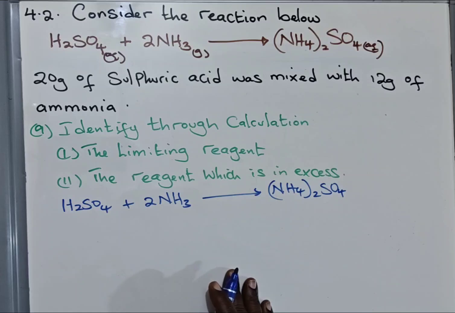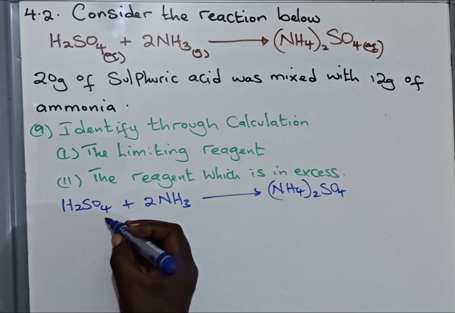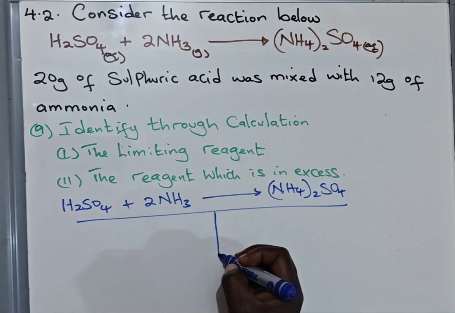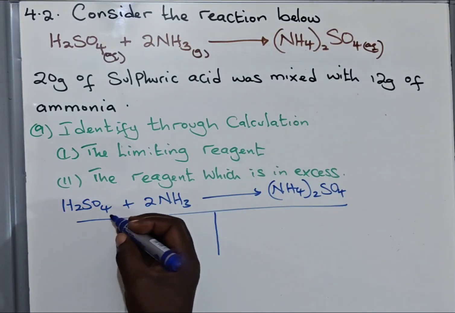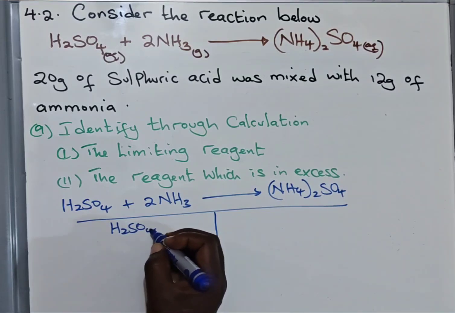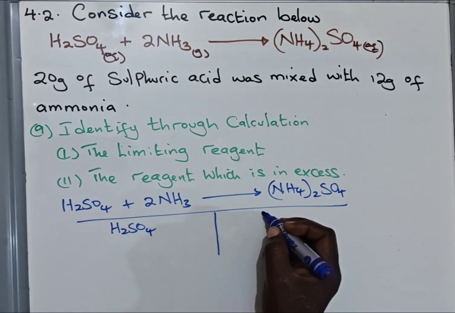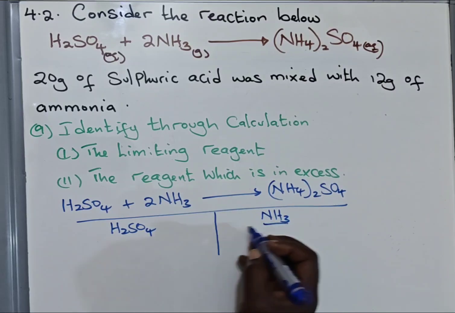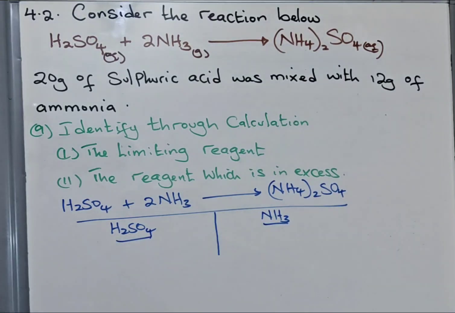And from here you have to know that the battle is between these two. What are the two? It's between sulfuric acid and ammonia. One of the two is a limiting reagent and the other is a reagent in excess. So what is the first thing we do?